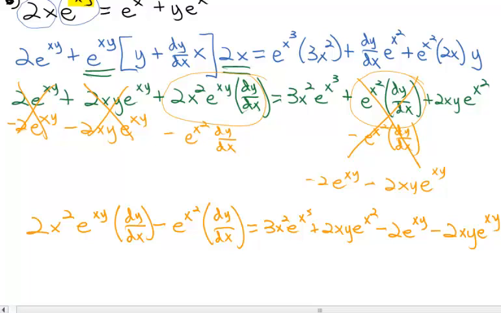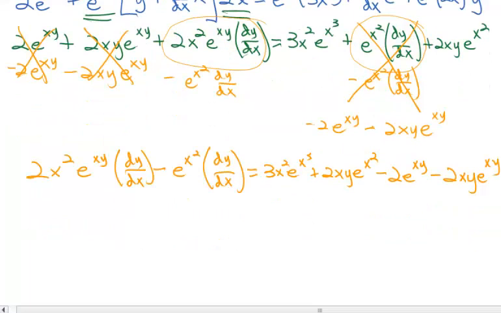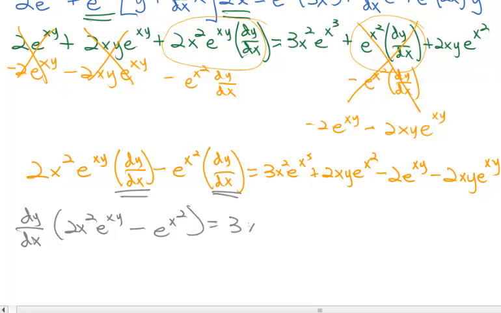It's big, it's ugly, and it doesn't matter because the process is still the same simple pattern. Factor out that dy dx. Gives us 2x squared e to the xy minus e to the x squared equals 3x squared e to the x cubed plus 2xy e to the x squared minus 2e to the xy minus 2xy e to the xy.